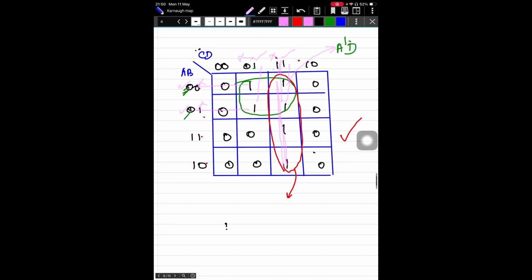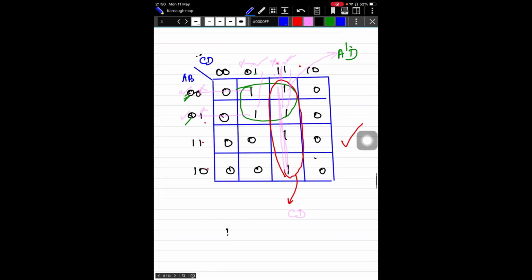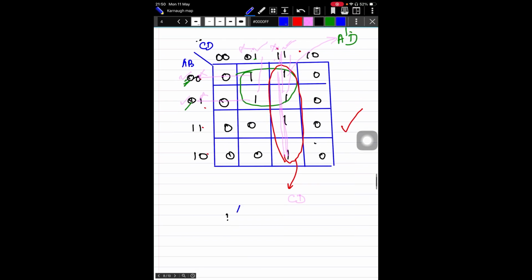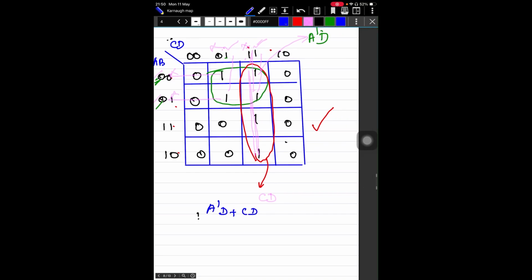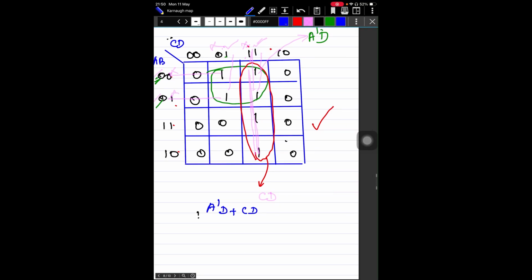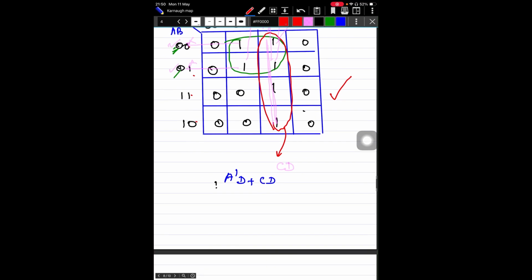C is 1, D is 1. So what should be the name of my box? CD. So what is the final expression? I should take both: A dash D plus CD, right? So in this, I'll take the red box. The red box has 4 ones. Am I right? It is called a quad.